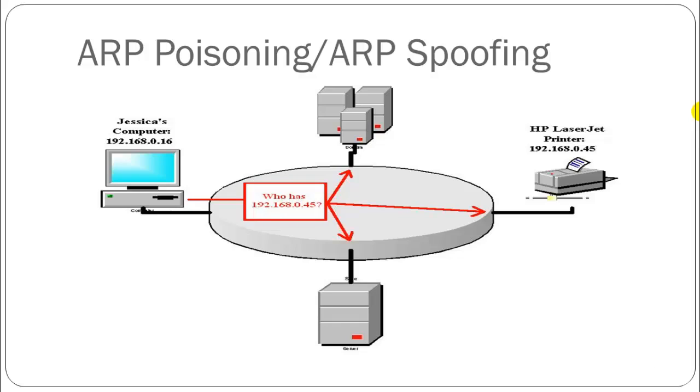So here's an example of normal ARP communication. Jessica is a receptionist in a good company, and she tells MS Word to print the company's latest contact list. This is her first print job today, and her computer has the IP address 192.168.0.16.